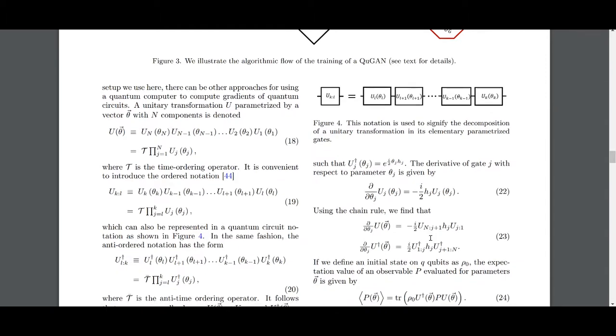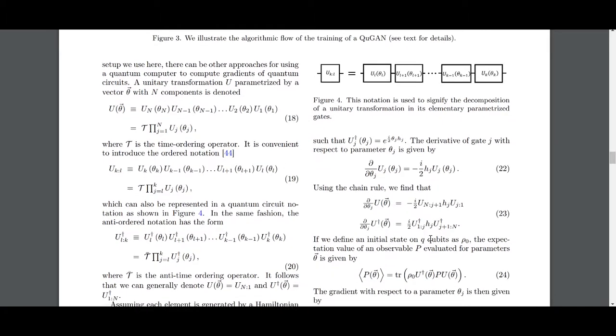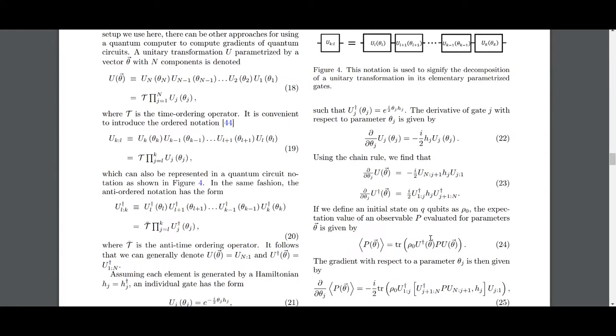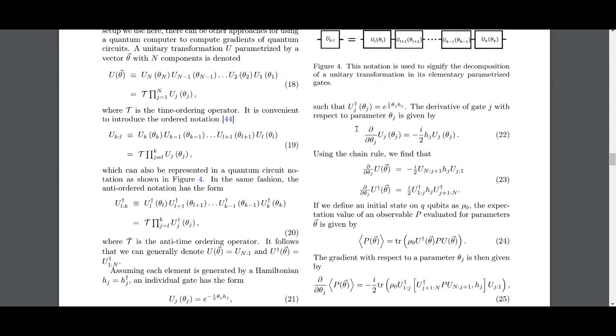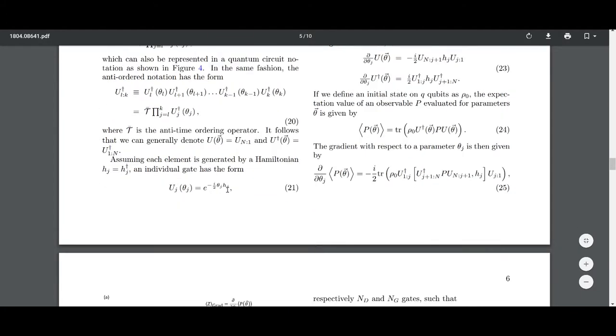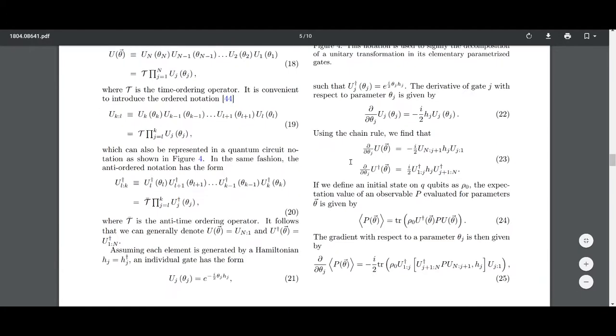Gradients. Using the chain rule, we find that. So this is where the magic happens. This is where I say you need to decompose that, because of the derivative. Okay. That's where this Hamiltonian thing comes down from the exponential, I guess.